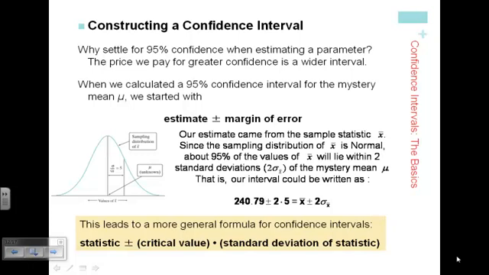It's on the page with the boxes, and it's the second formula on the page with the boxes. It says confidence interval, statistic plus or minus critical value multiplied by the standard deviation of the statistic. That's exactly what it says on your formula sheet.